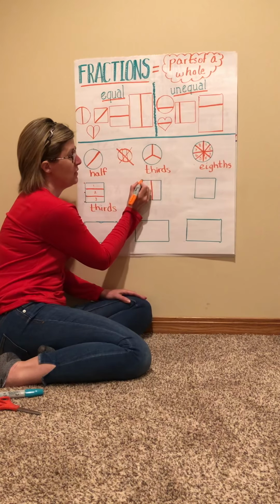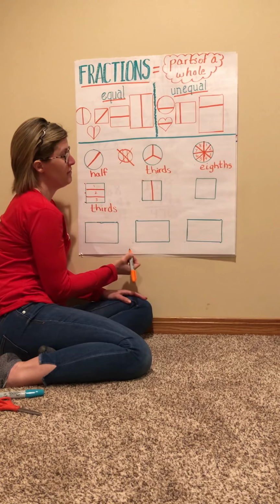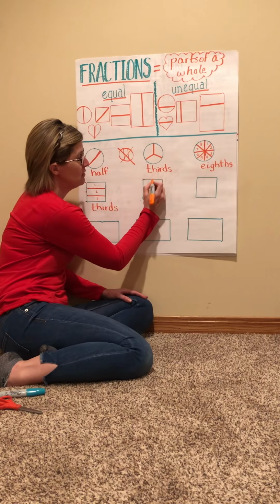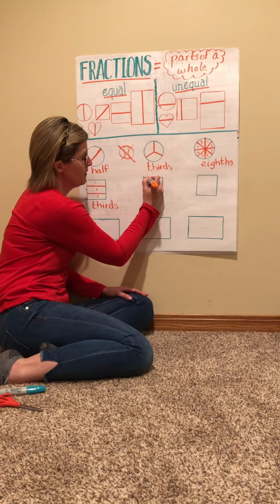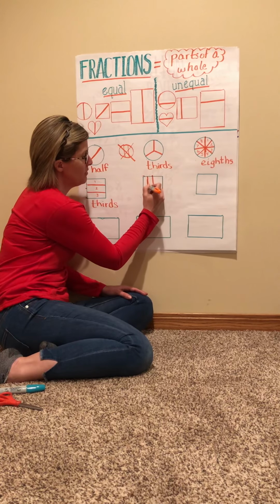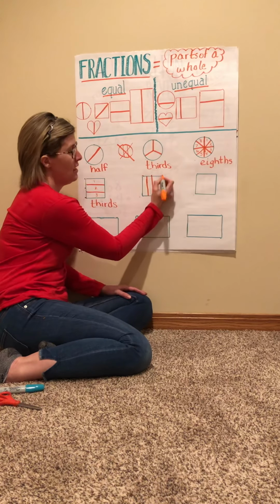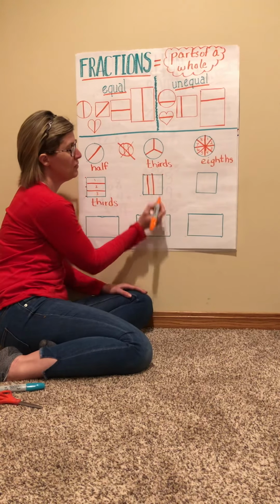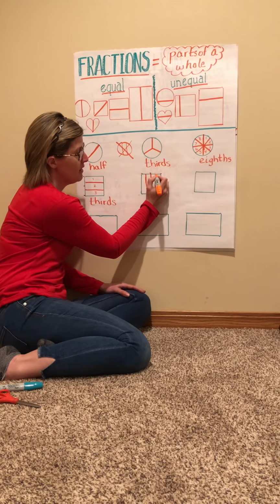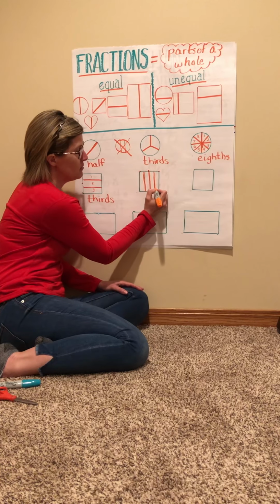And now from here to here, I'm going to try to find that middle. So that would be probably right about here. I'm going to draw that line going down. And then from this middle to this end, we'll find the center of that and draw a line going down.